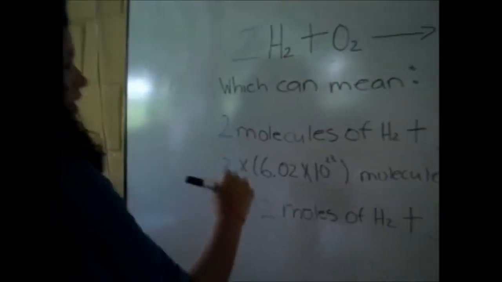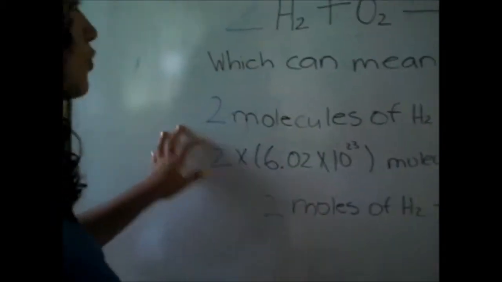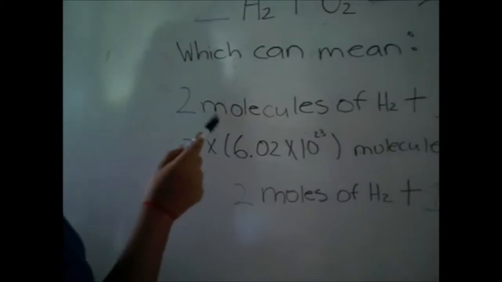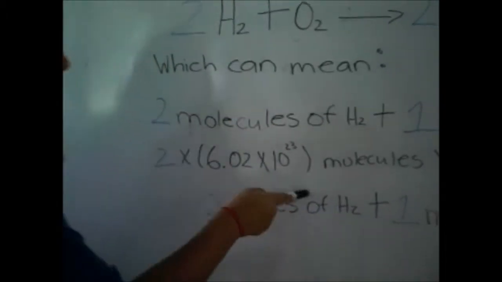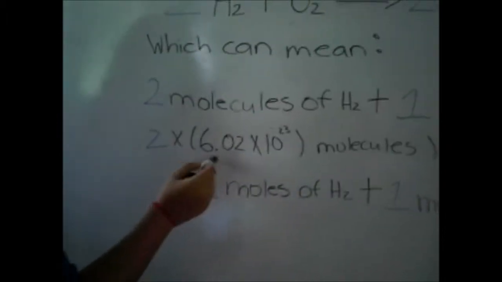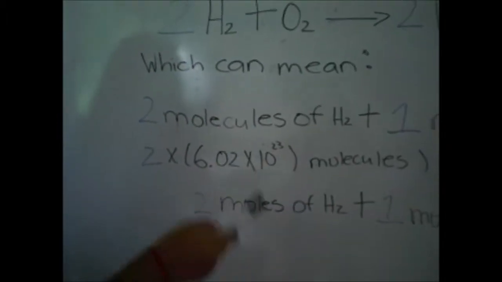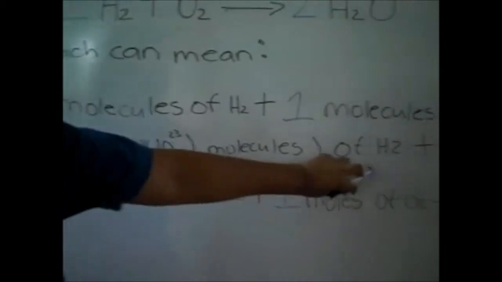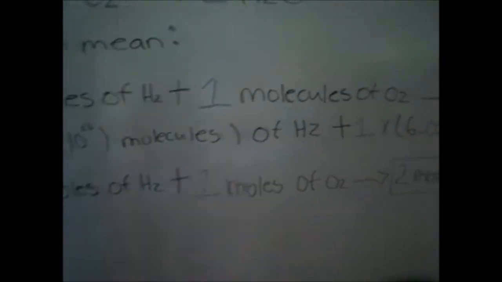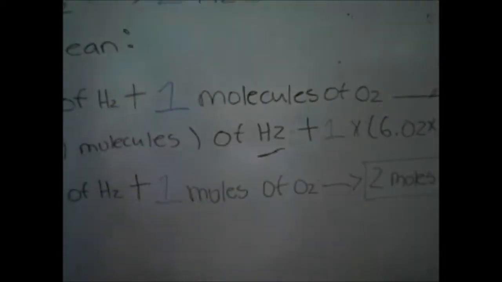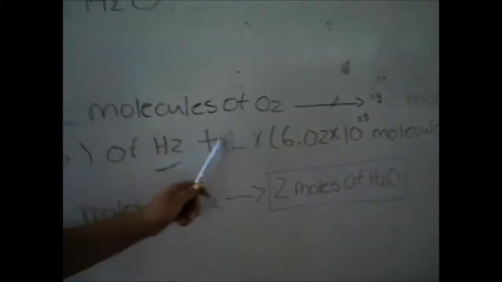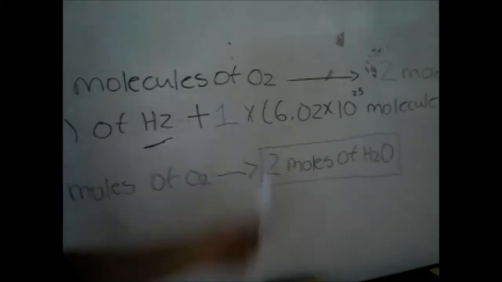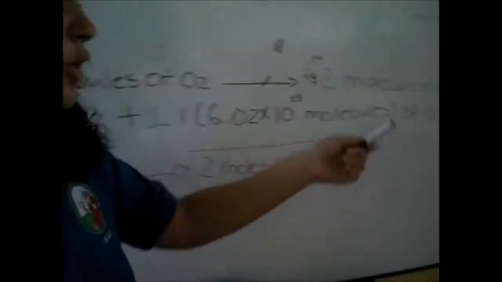So here, on this side, we have 2 moles of H2. So we multiply it by Avogadro's number, which is this number we have right here. 2 times 6.02 times 10 to the 23rd power of H2. We're doing this to figure out the number for H2. So after that, we do the same thing for O2. We multiply 1 times Avogadro's number to have the answer for O2.